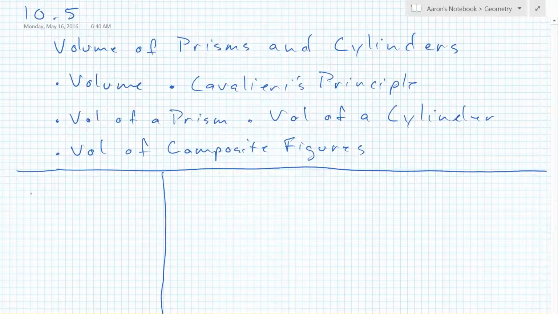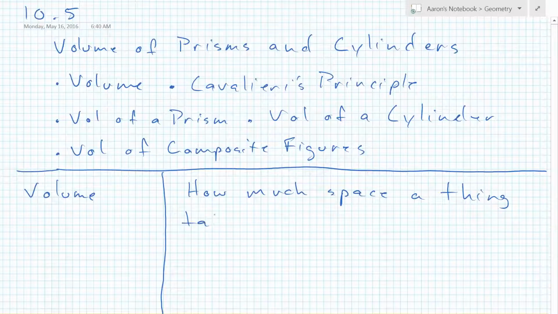So let's start with volume. Volume is just how much space a thing takes up.